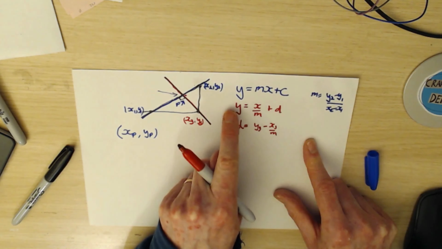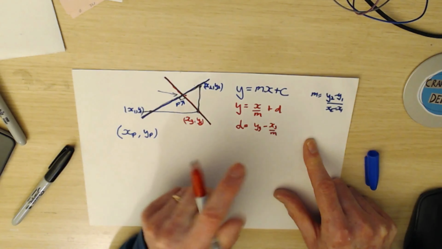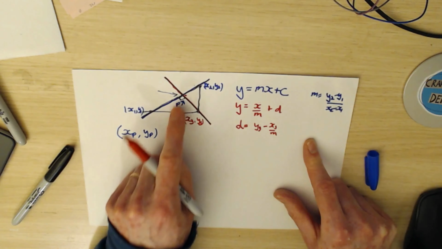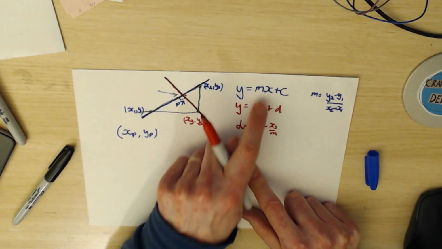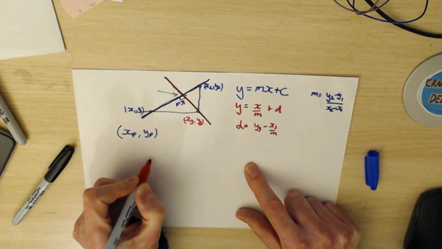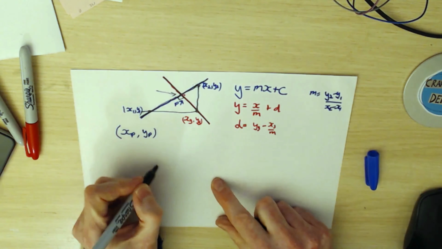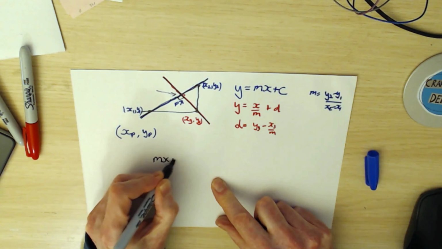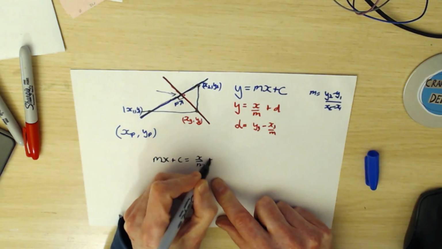D equals y3 minus x3 over m. So to find this point now, this point is when these two are equal. Mx plus c equals x over m plus d.